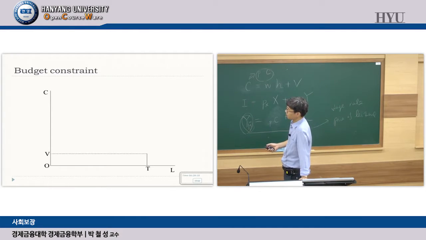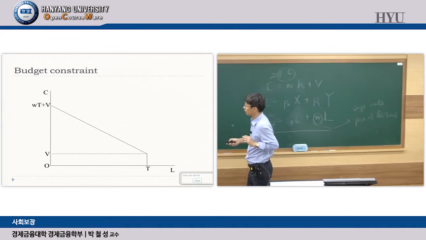And then if this person has 0 hours of leisure, so works all the time, this person will get income of WT plus V, full income. So obviously this person normally will get in between, right?